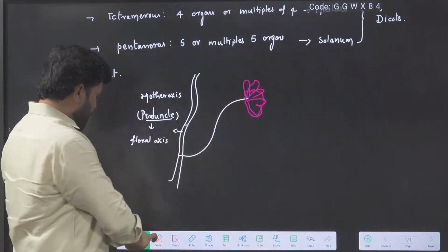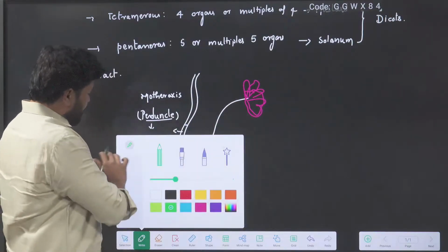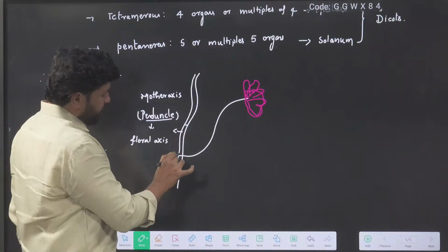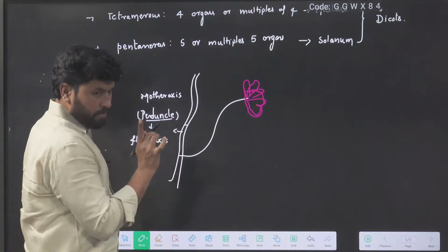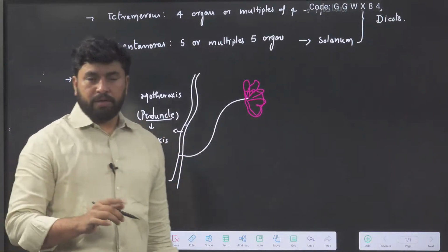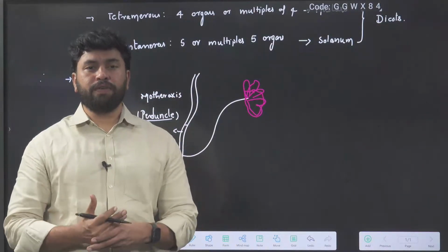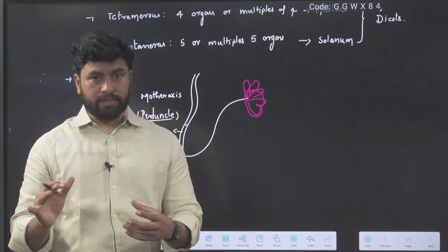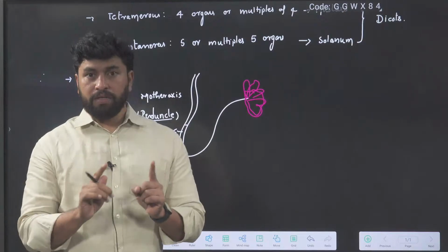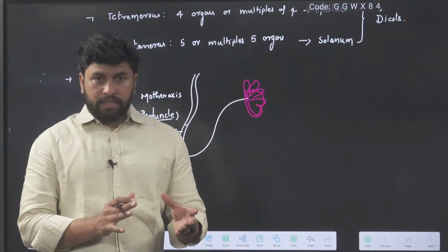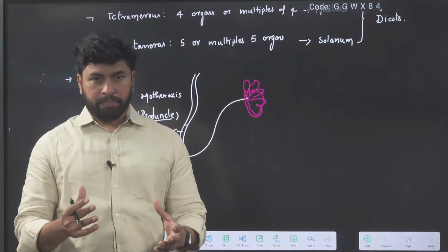Whenever on the stem there is a rising of a flower, that must be a node. I have clearly mentioned flowers never develop randomly on the surface of the inflorescence axis. They always develop at the node, because the inflorescence axis is nothing but a modified stem.